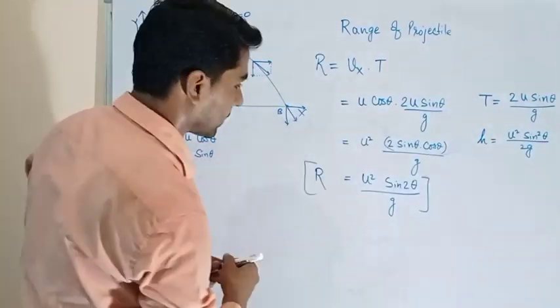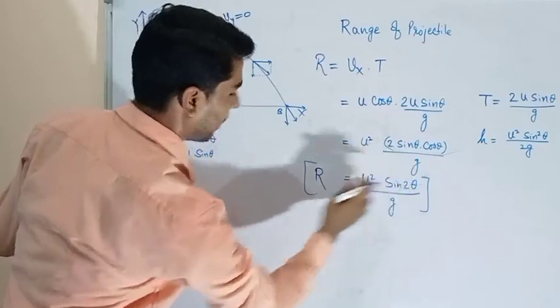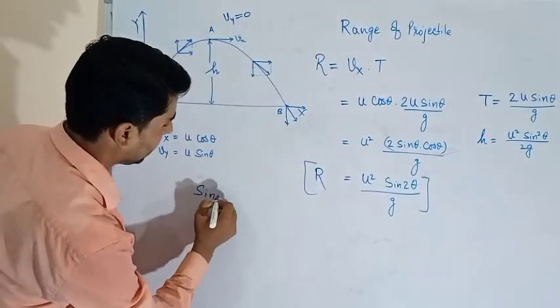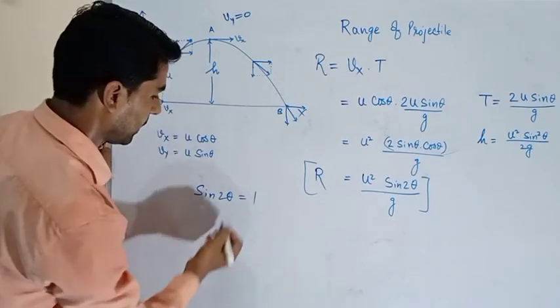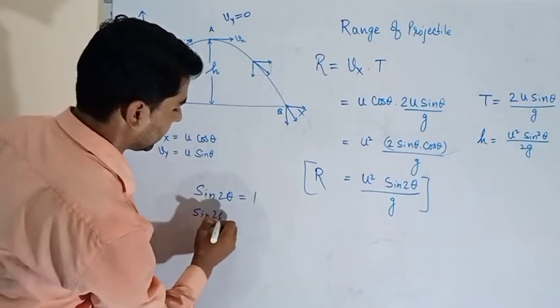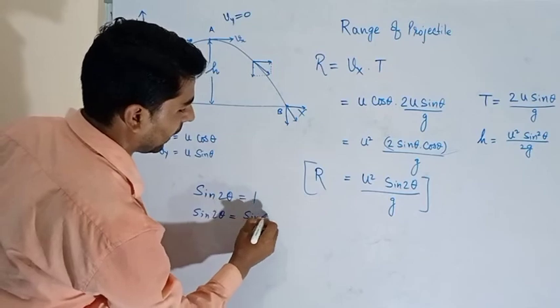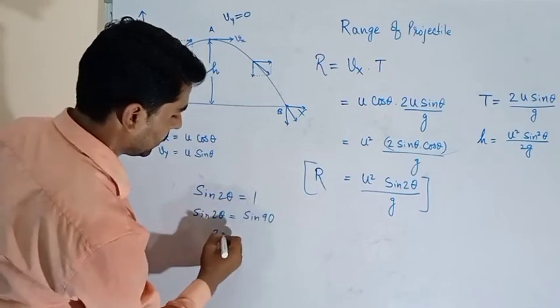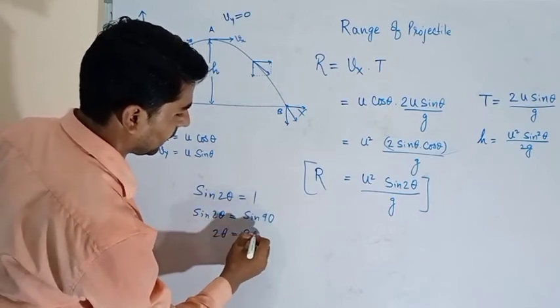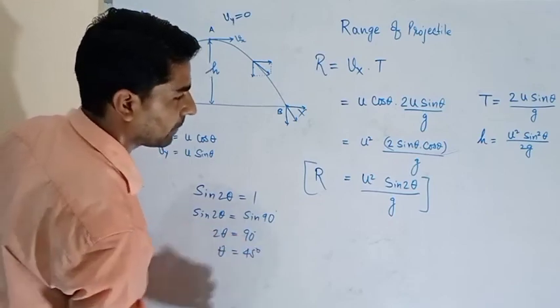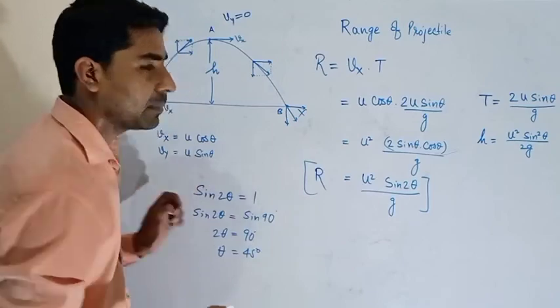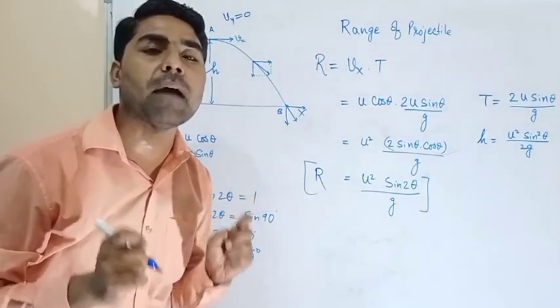For R maximum, sine 2 theta should be 1. Remember this: sine 2 theta is equal to sine 90, sine cancels, so 2 theta is equal to 90 degrees, or theta is equal to 45 degrees. At that time you will get the maximum range.